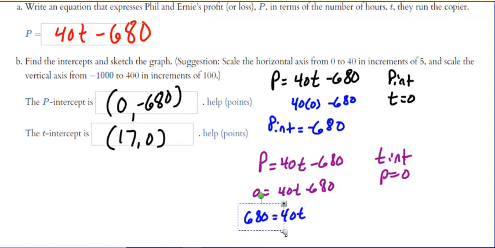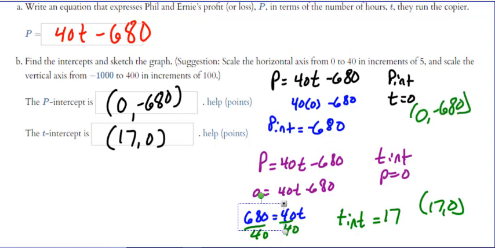And if I divide both sides by 40, I get a t-intercept of 17. So that would really be 17, 0, and then this would be 0, negative 680. So I've shown you how to do it by hand, and also on the calculator.